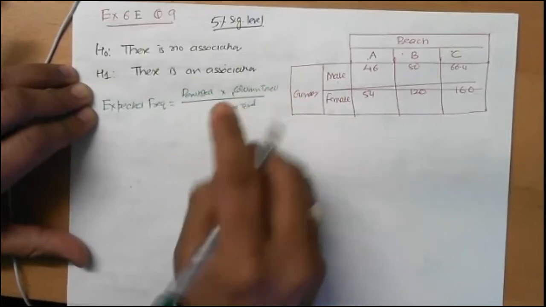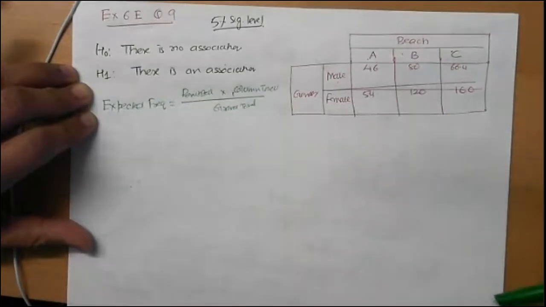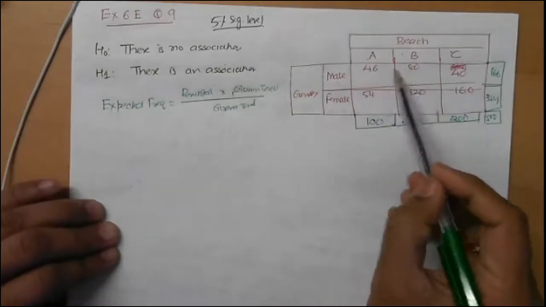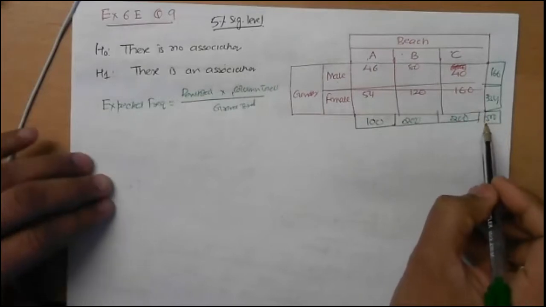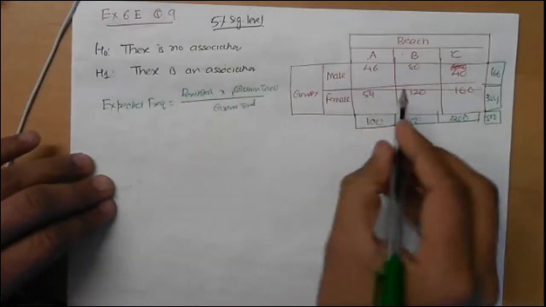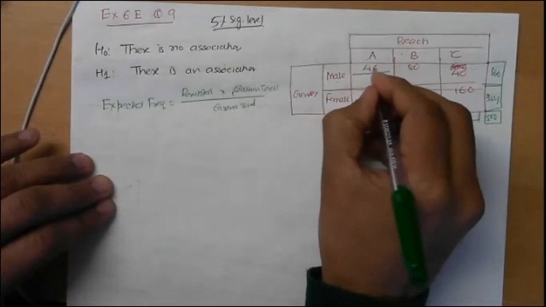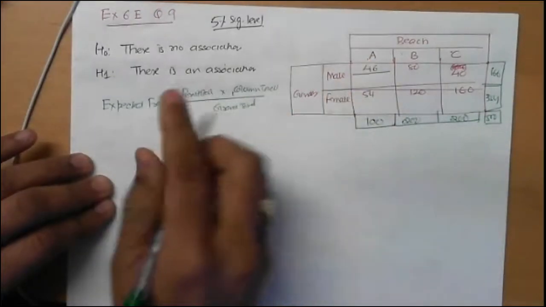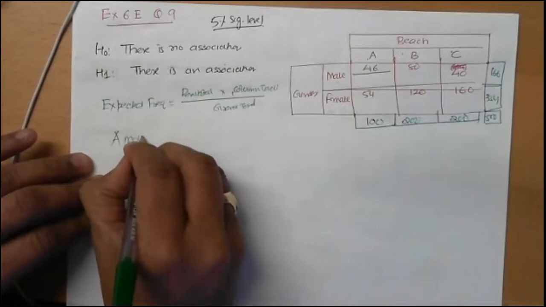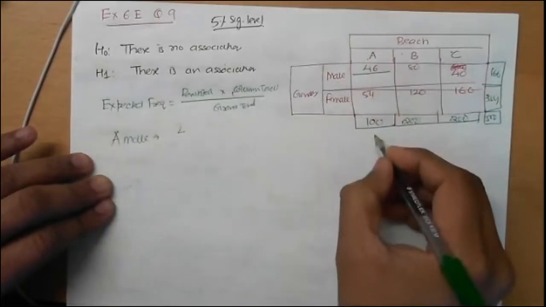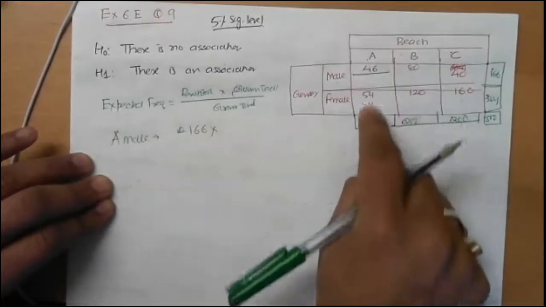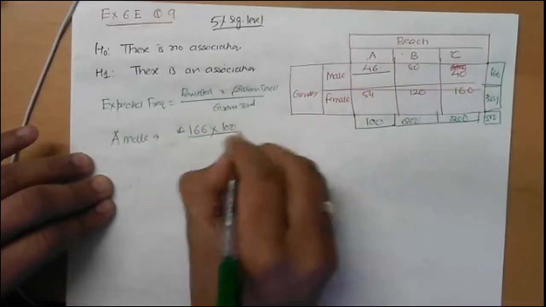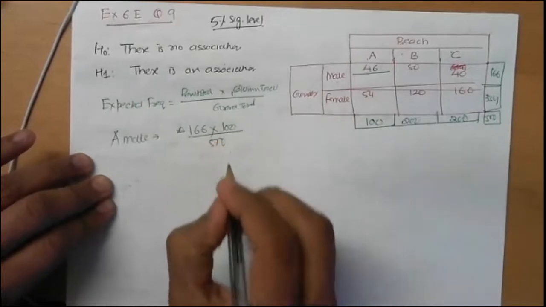So guys, it's advisable to work out these totals first, of each row and each column. After working out the row and column totals and the grand total, we start to work out the expected frequency of each cell. For A of male, the row total is 166, times the column total 100, divided by the grand total 500.